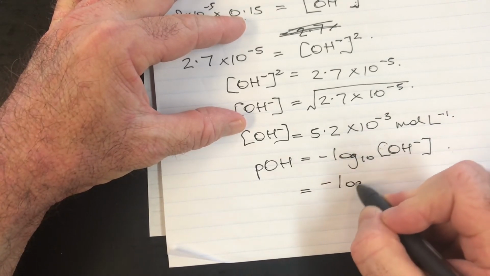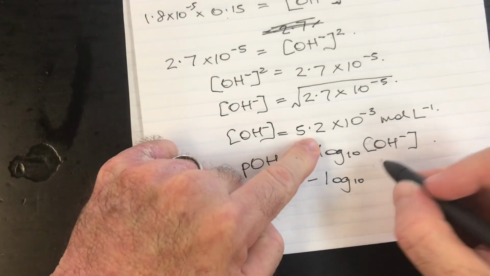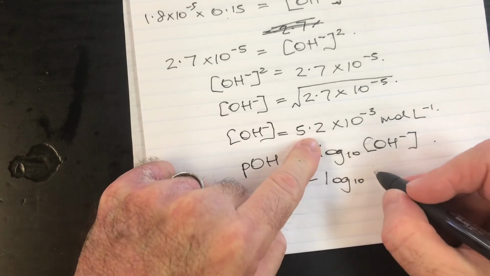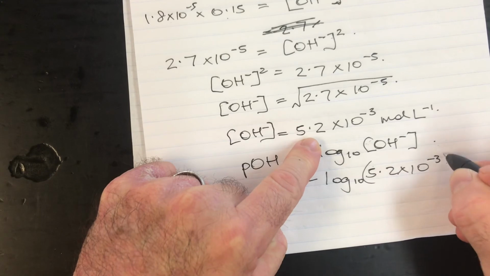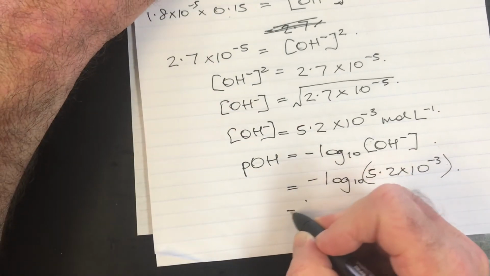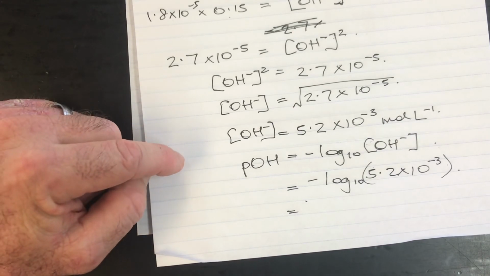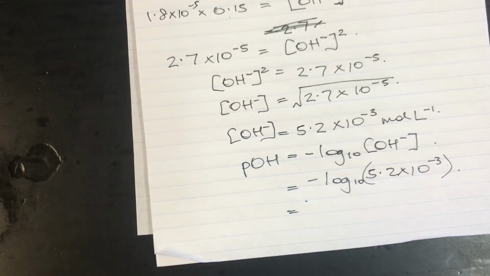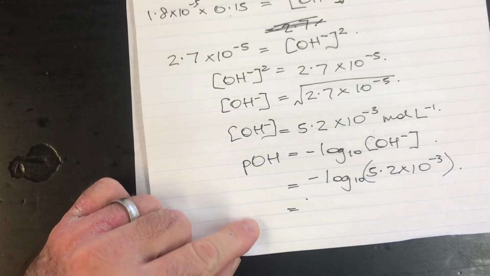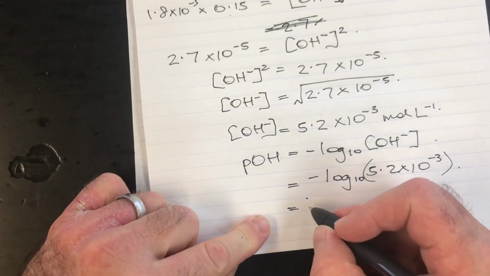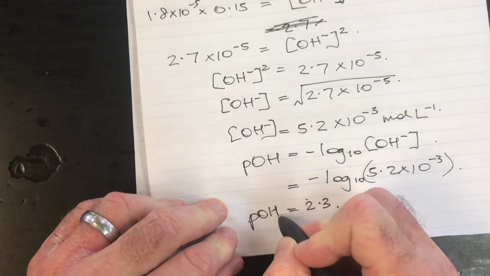So it'll be negative log to the base 10 of 5.2 times 10 to the power of -3, and I can punch that into your calculator and it'll come out to, I've got the answer in the textbook here, 2.3. Okay, that's the pOH.